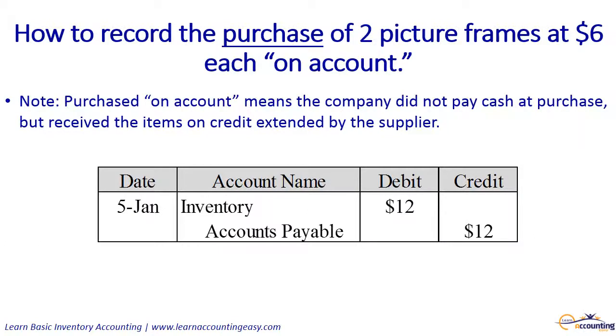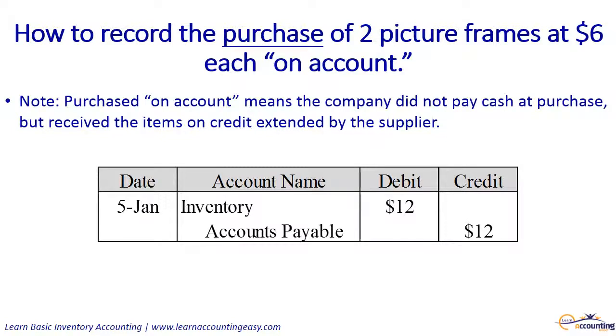What it means is that when we purchased the items, we either picked them up at a location or they were shipped to us, but no cash traded hands at that time, and the supplier was able to extend us credit, and they're going to send us a bill for the items. Maybe it'll be due in 30 days.